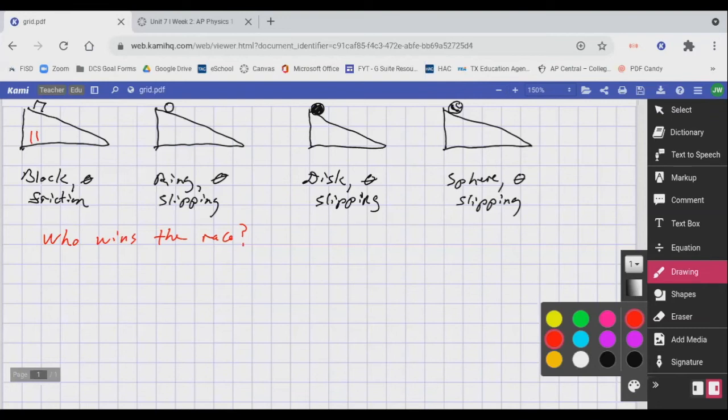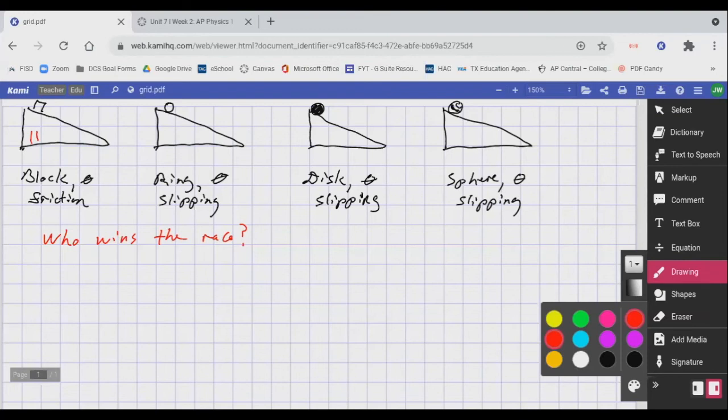First, I want to tell you you're absolutely right, but I want to show you how it's right, because you feel like the right answer should be the ball. But that's because the block is sitting up on the hill, not moving because it's got friction, and I said in this case there's no friction. They all start with the same energy because all the masses here are the same. Gravity treats them all the same.